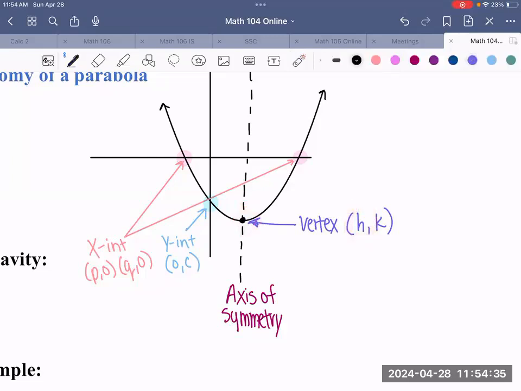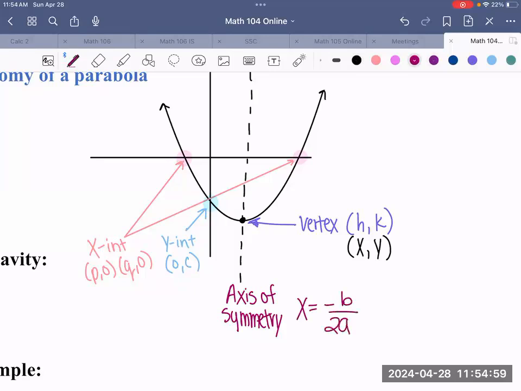Now this is just a way to separate out that, hey, this is a unique value. Yes, these are just x's and y's, but this one is a unique x and y. It is the lowest or the highest point of your graph. So if we're looking for the axis of symmetry, this has the equation x is equal to negative b over 2a.